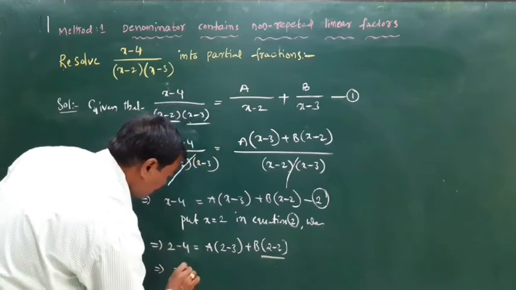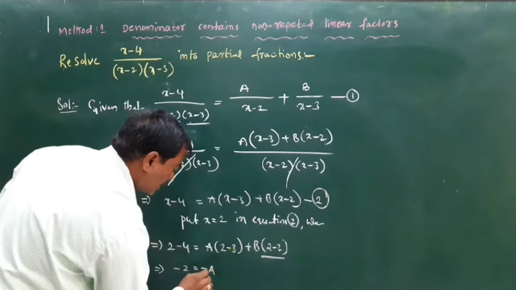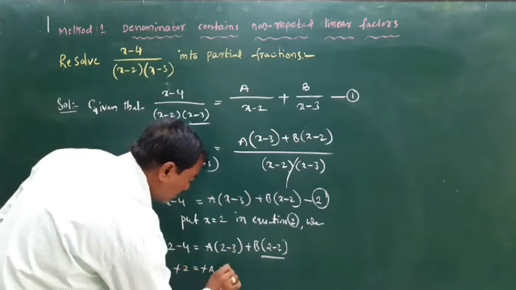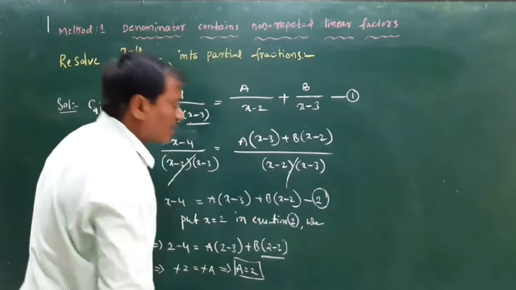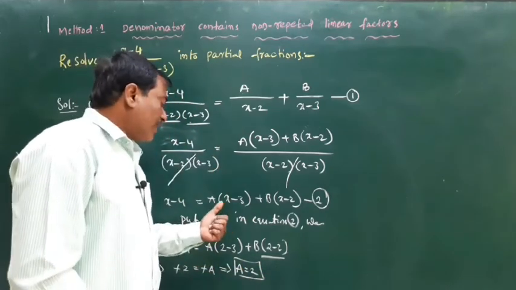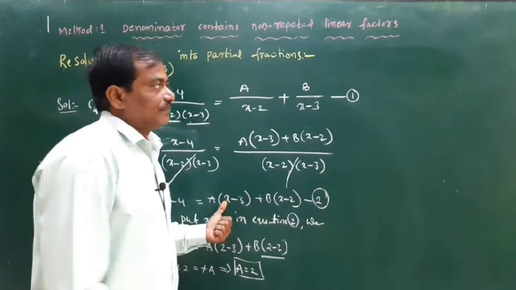This implies minus 2 equal to minus A. Here 2 minus 3 gives minus 1, so minus A. The minus sign cancels, so we get A equal to 2. This is the A value. And now we have to find the B value. We substitute x equal to 3.